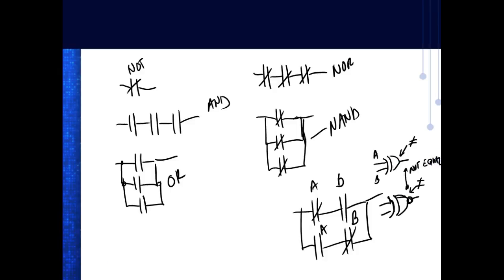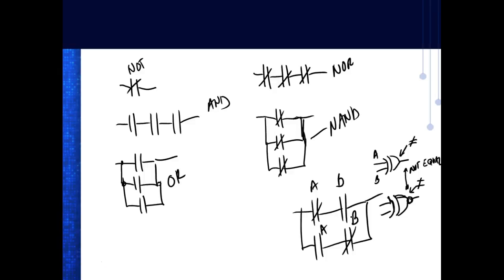So what do we get out of this? If the inputs are equal, the output depends on which one you're looking at. So on these symbols, what the active state of the output shows you is what you get when they are not equal.